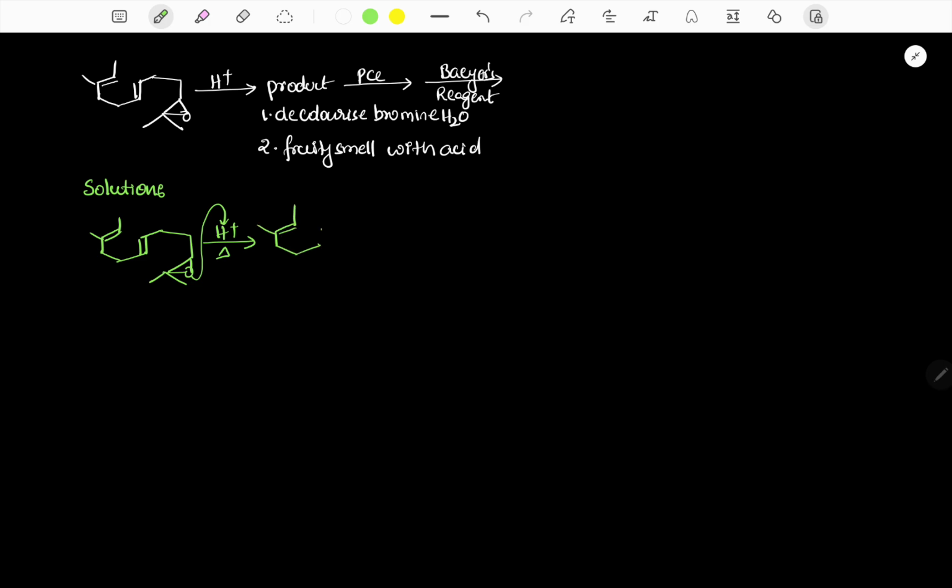Generally in these cases, the epoxide tries to react first. Now here the alkene is the nucleophile, so the alkene attacks, ring opening takes place. So carbocation is formed.